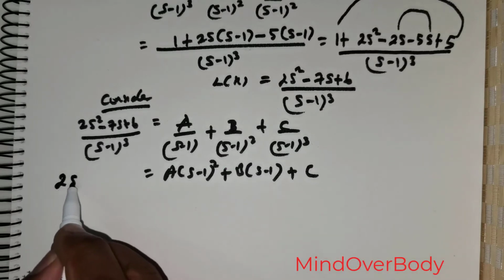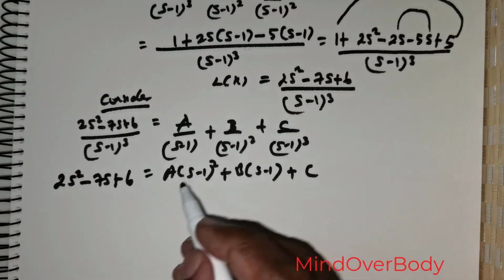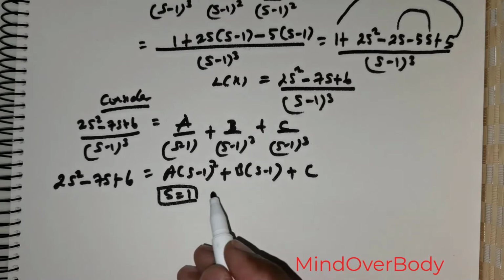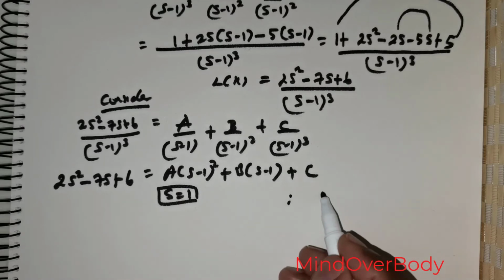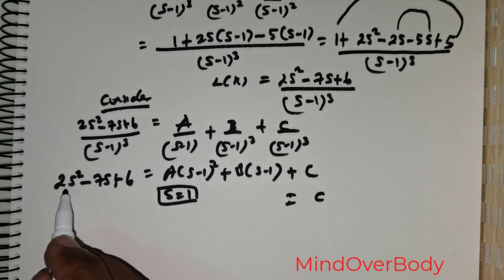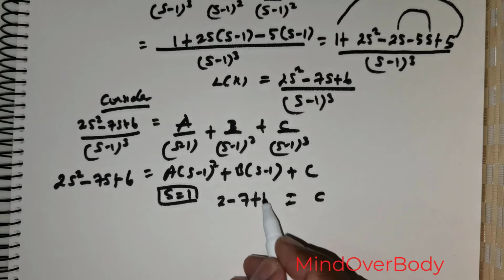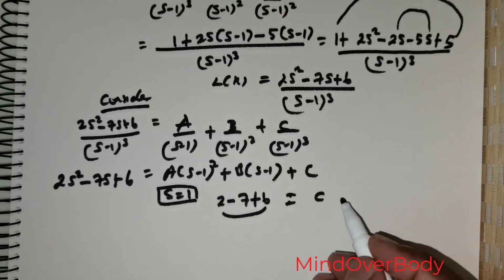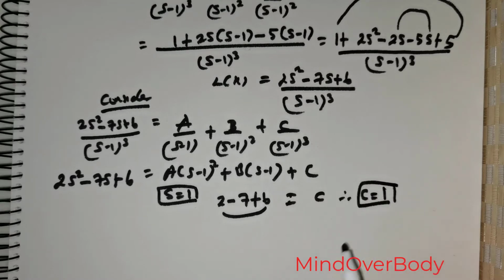On the left side you get 2 times s squared minus 7s plus 6. I want to get rid of the a term, so I will take s is equal to 1. This will vanish, we are left with c, but on the left side I get 2, and a 7 and a 6. 6 plus the 2 will give me 8, 8 minus 7 will give me 1, therefore the value of c is going to be 1.